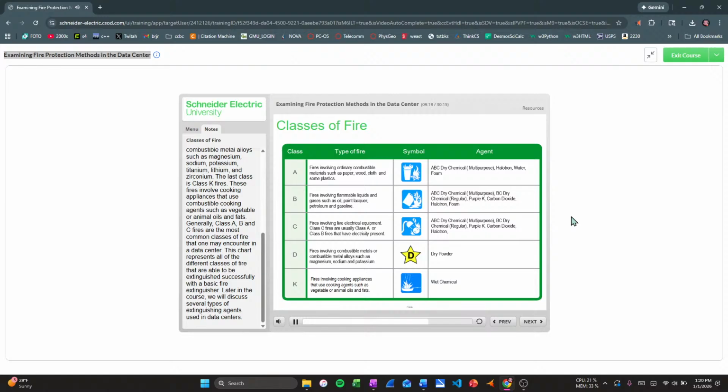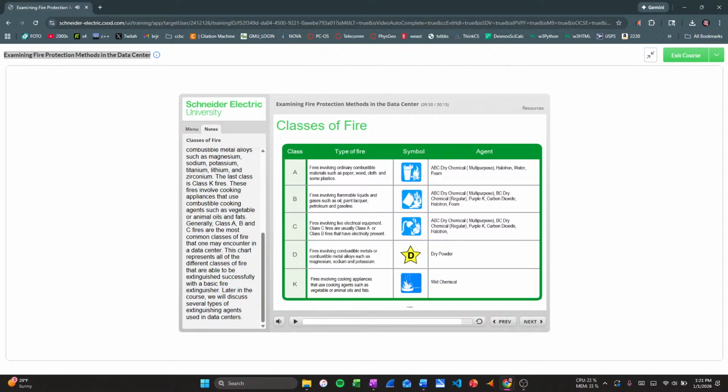Generally, Class A, B, and C fires are the most common classes of fire that one may encounter in a data center. This chart represents all of the different classes of fire that are able to be extinguished successfully with a basic fire extinguisher.